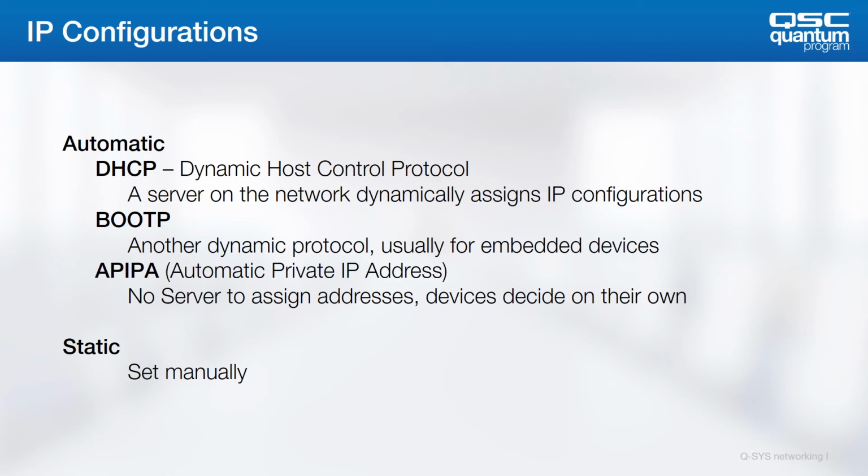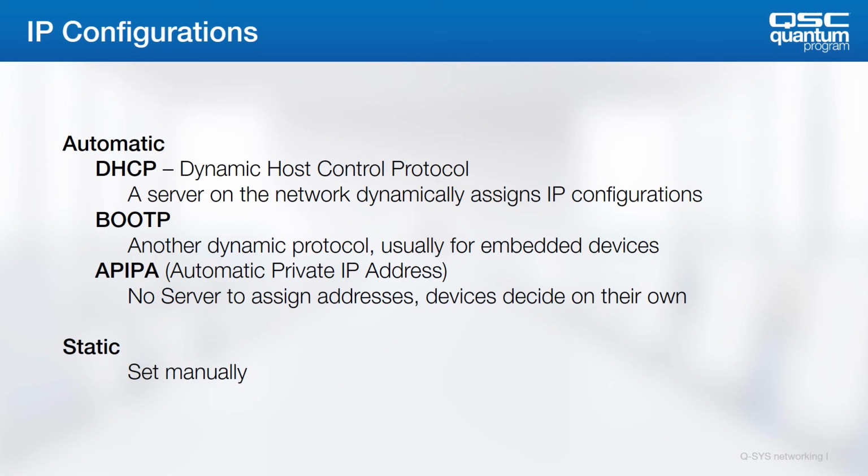Using this model, a device requests an IP from a machine on the network that serves as a DHCP server. The server manages the addresses of each device and makes sure that they each get the right configuration, including subnet mask, gateway address, etc. The BootP protocol is an older dynamic addressing protocol that works in a similar fashion.